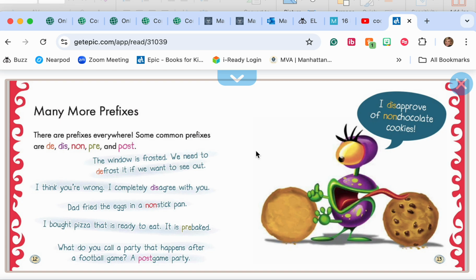A post-game party. So, we have defrost. You might have to defrost the car in the winter. De means to remove something. Non means not. All right, so let's go ahead and take a look.